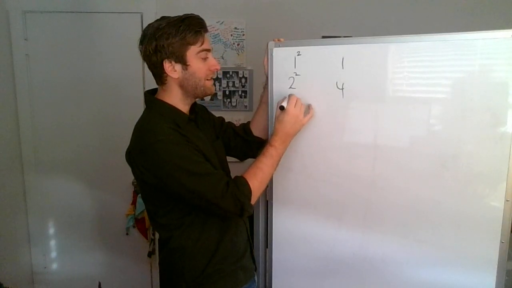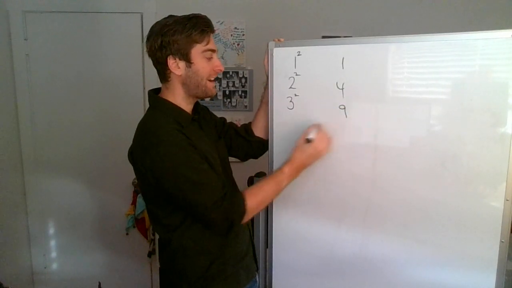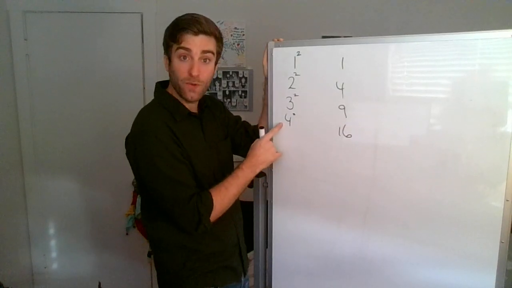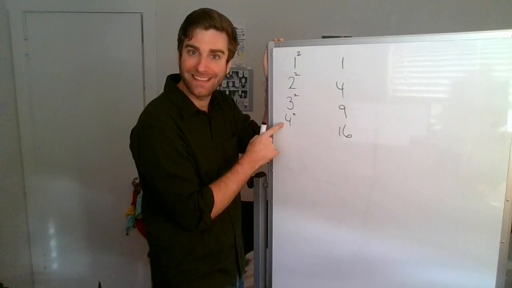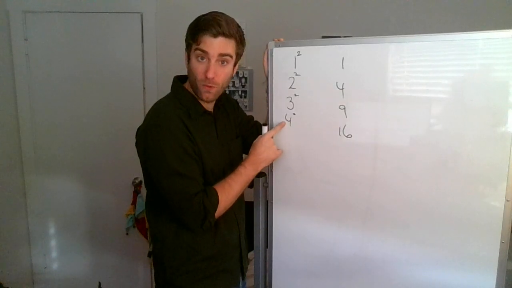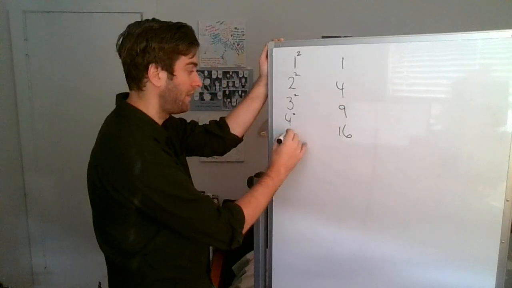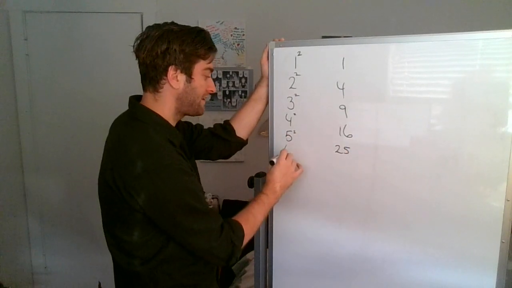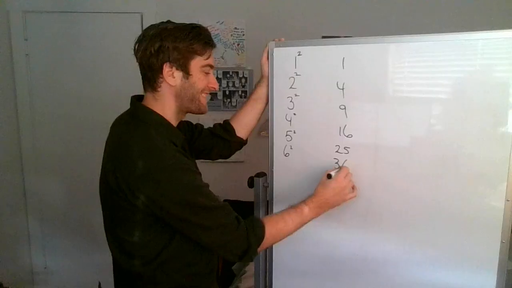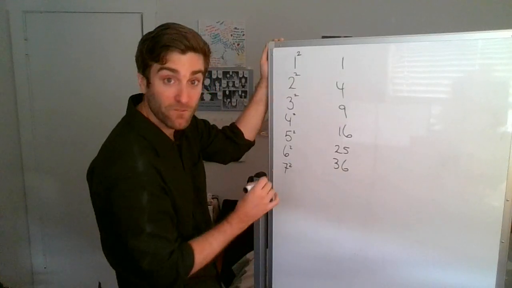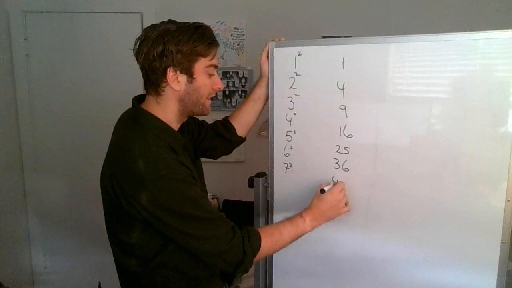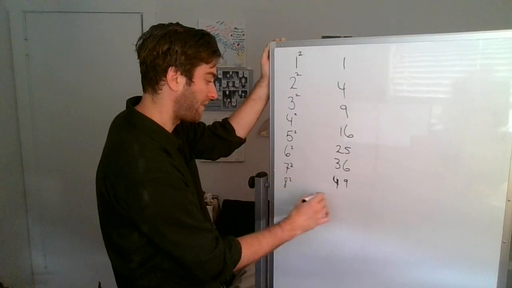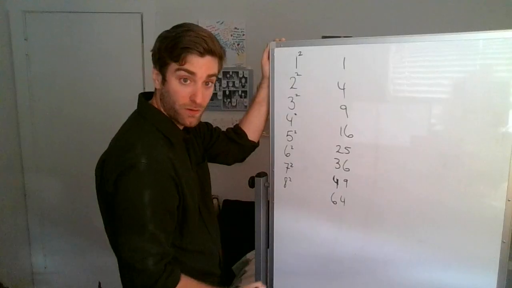Okay. 3 squared is 9. 4 squared is 16. All I'm doing is multiplying the number by itself. 4 times 4 is 16. Okay. 5 squared is 25. 6 squared, 36. 7 squared, my favorite, 49. 8 squared is 64.